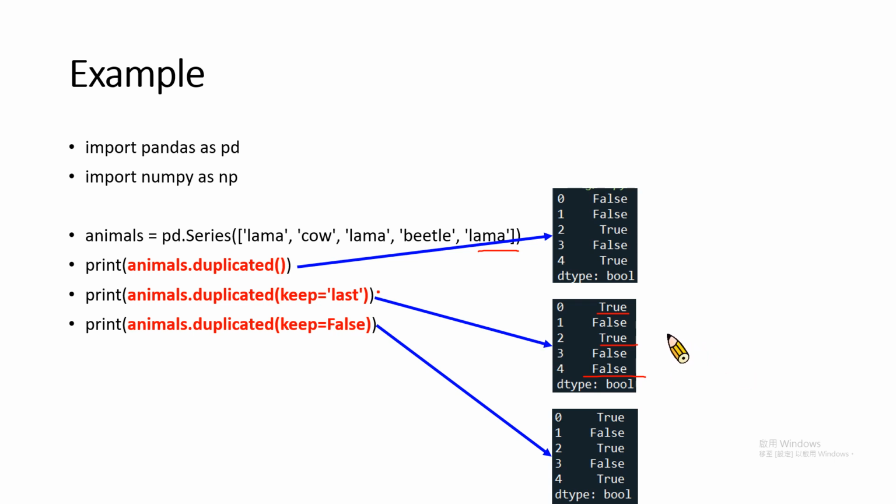And the cow and beetles are not duplicate values, so they are false. Okay, so set keep to false, and it will mark all duplicate values. So here all the duplicate llamas, we mark true.